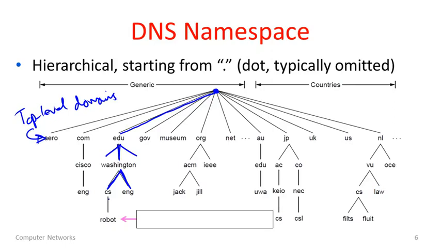And within CS, I've just shown one branch here for a particular computer called Robot. The reason I've highlighted some of these branches is just to get down to the end, so there'll be all sorts of other ones off the tree here. But for the path at the end, we would write this host name. This would be robot.cs.washington.edu.